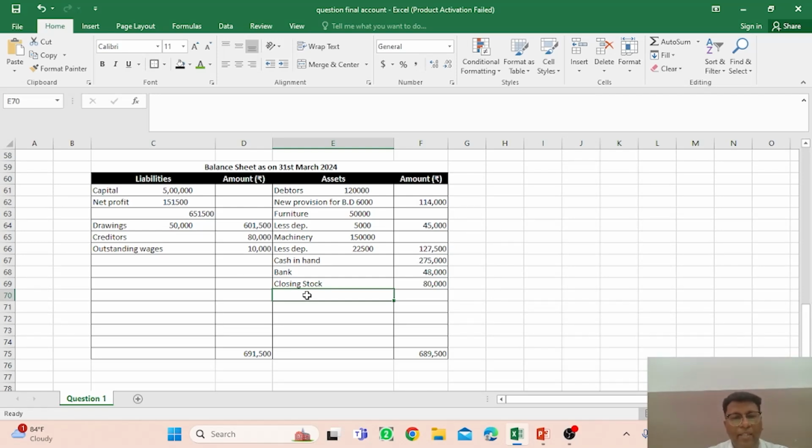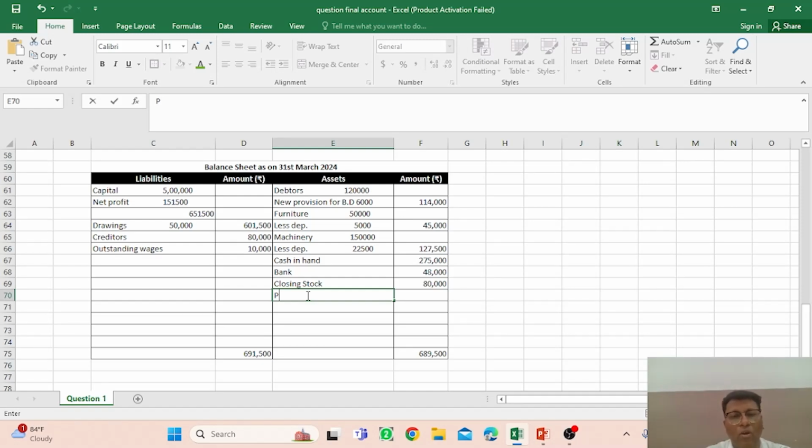If any adjustment is not provided, or it is not written correctly, or it is not entered in the two sides, there would be impact on the balance sheet or trading account or P&L account, and your balance sheet will not match. So you have to ensure that both the sides, liability side and asset side, have the equal total.